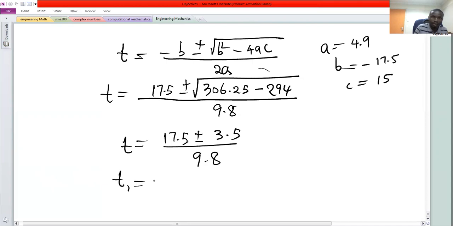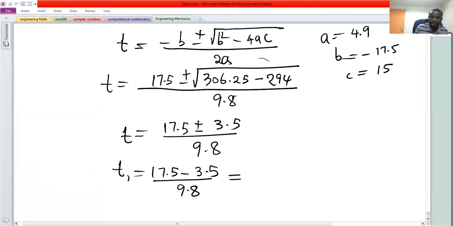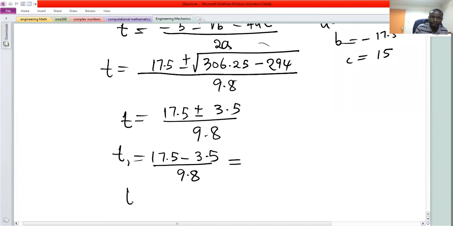T1 would be 17.5 minus 3.5 over 9.8, and T2 would be given by 17.5 plus 3.5 over 9.8.